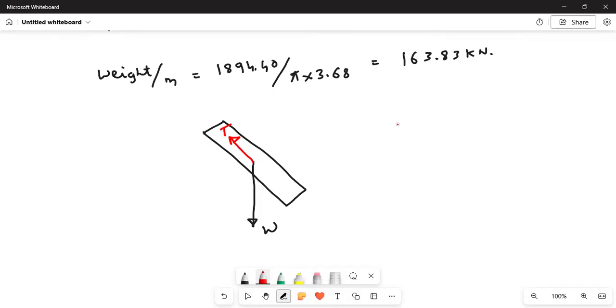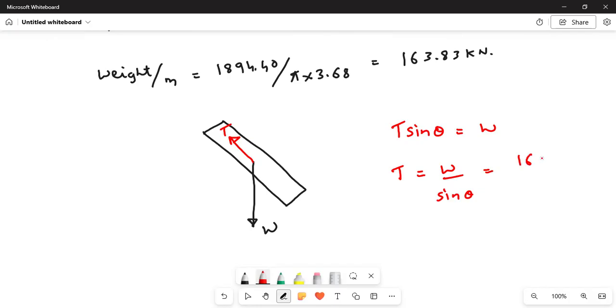So T sine theta equal to W. Hopper bottom is subjected to direct tension and it will also be subjected to hoop tension. So we are required to design the hopper bottom for the direct tension and for the hoop tension. Direct tension will be calculated by this formula: T equal to W divided by sine theta.